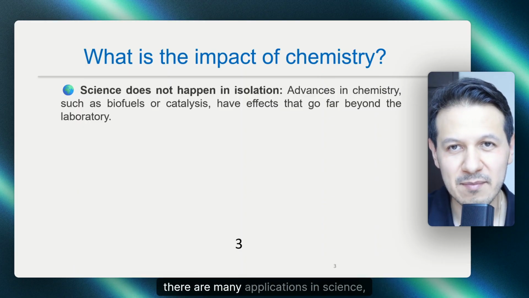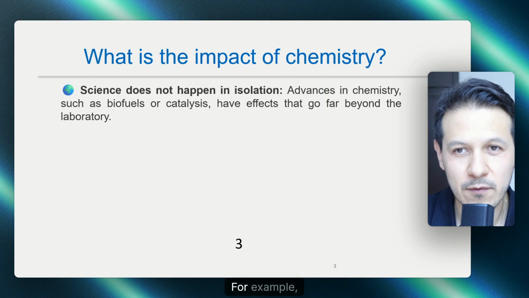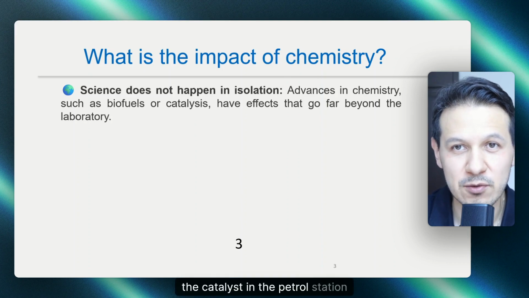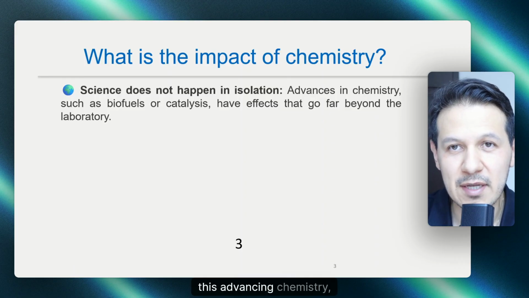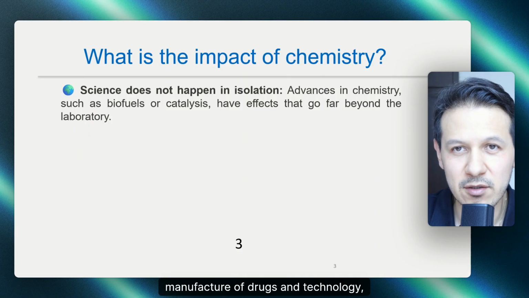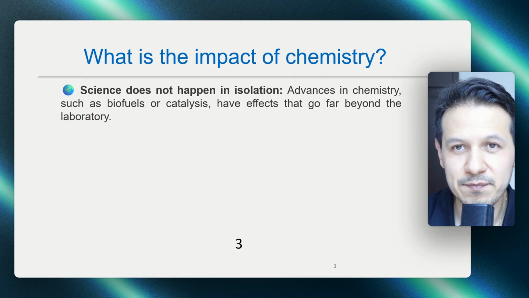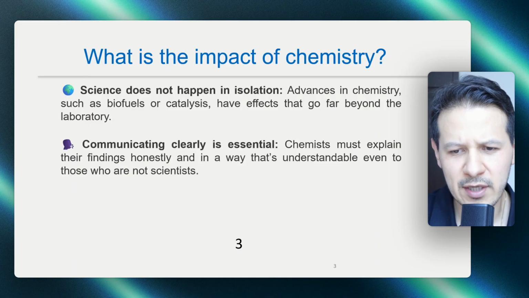As you know, there are many applications in science that you can see around. For example, the catalyst in the petrol station is an example of advancing chemistry, manufacture of drugs and technology, materials, and many more.